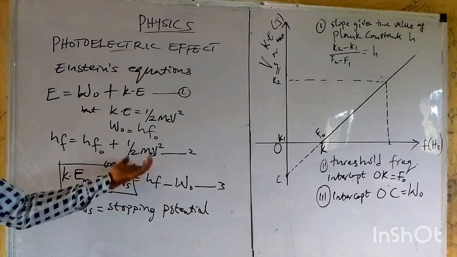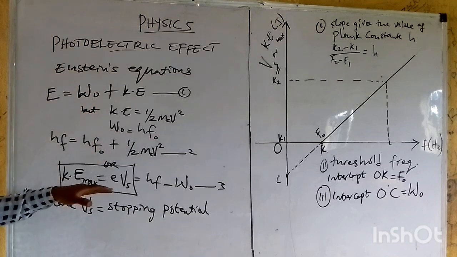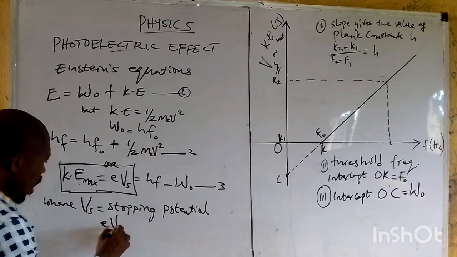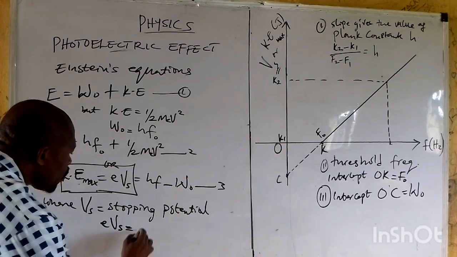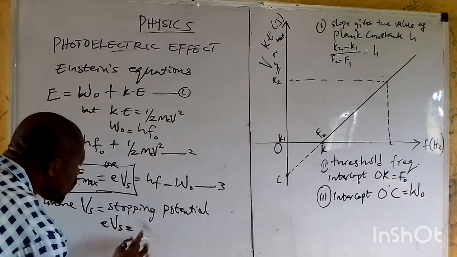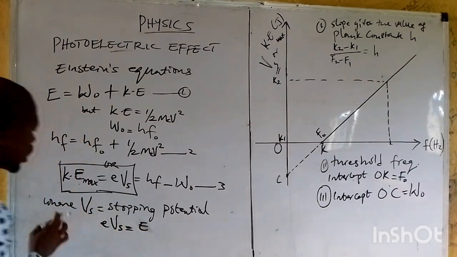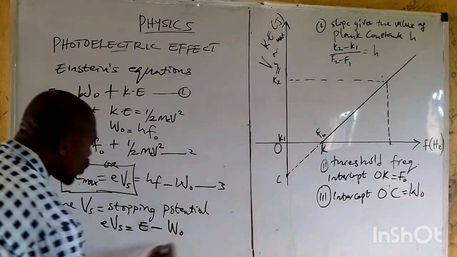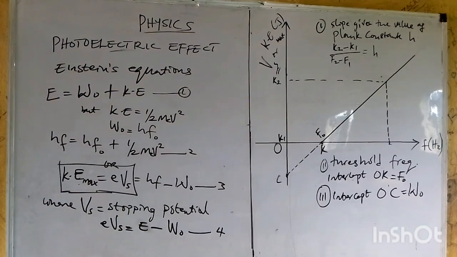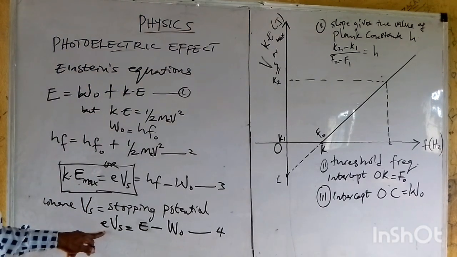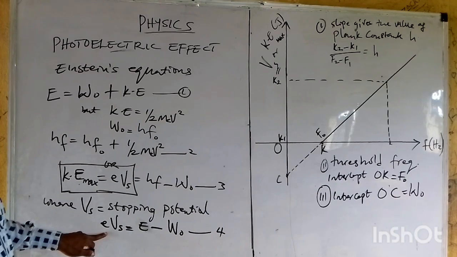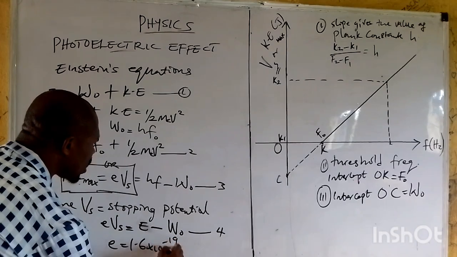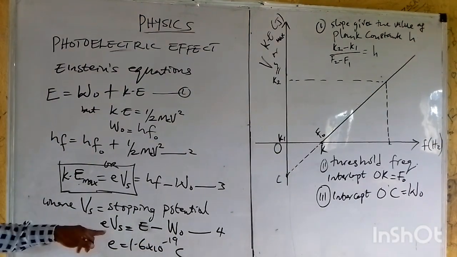So we can say eVs is equal to hf minus the work function, which we can have as equation 4. This e here is the electronic charge, which is 1.6 times 10 to the power minus 19 coulomb.